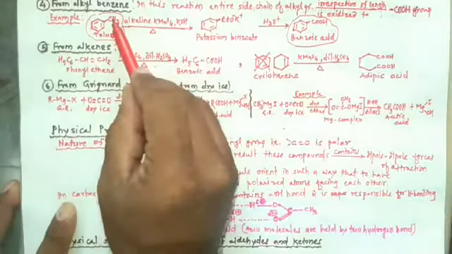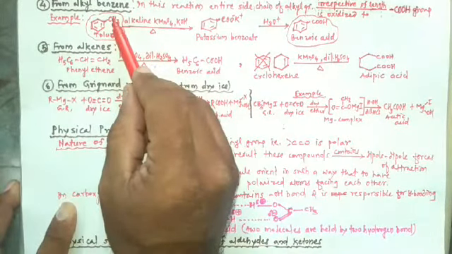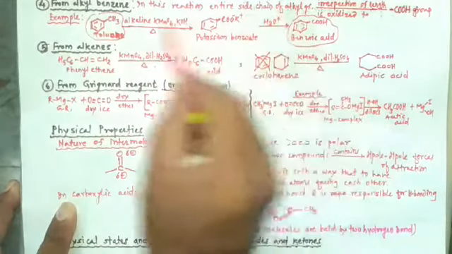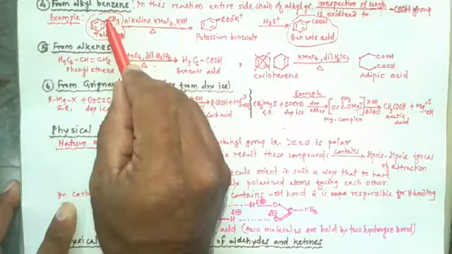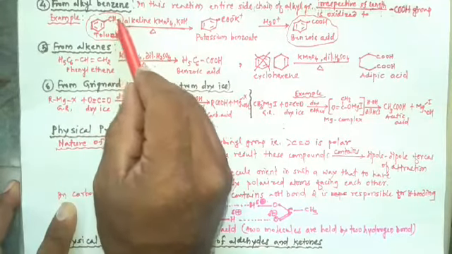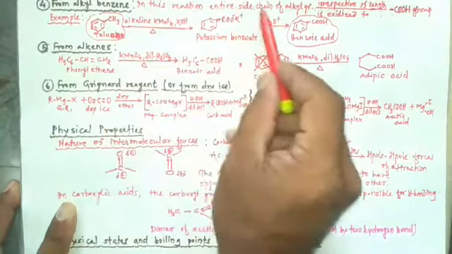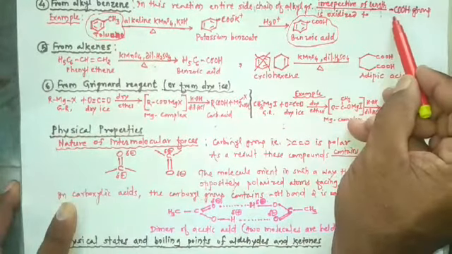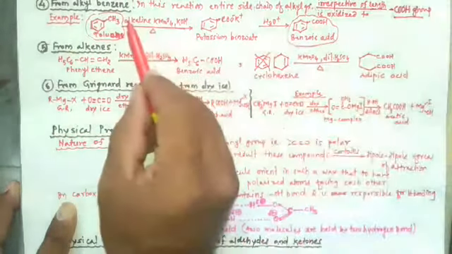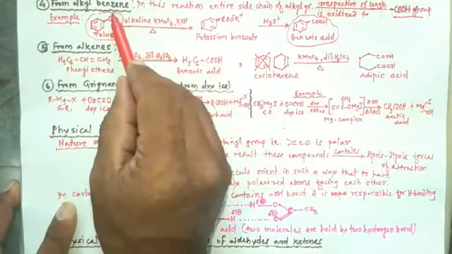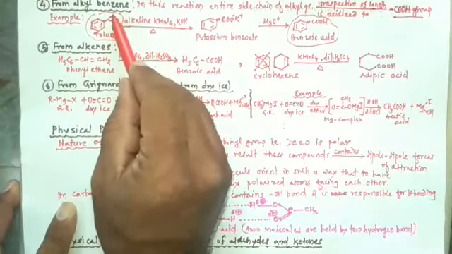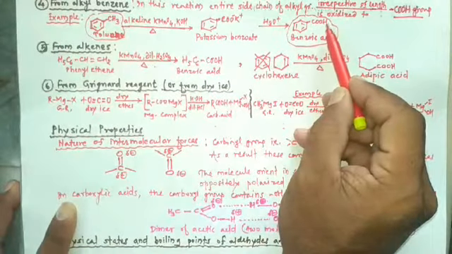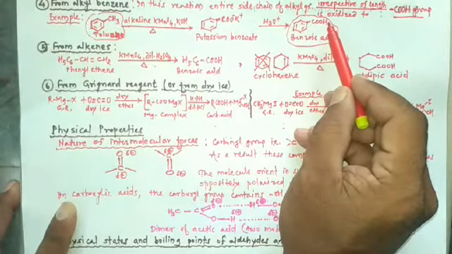In this reaction, the entire side chain of alkyl group, here the CH3 alkyl group, irrespective of length, is oxidized to COOH group.